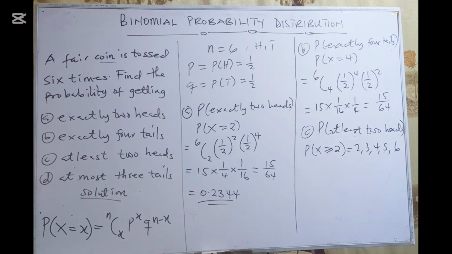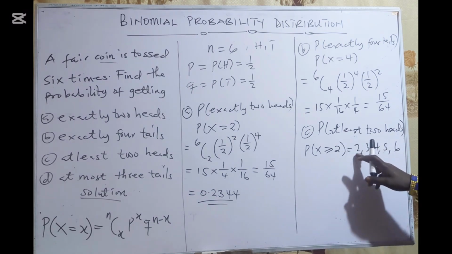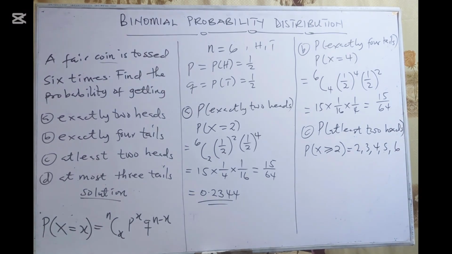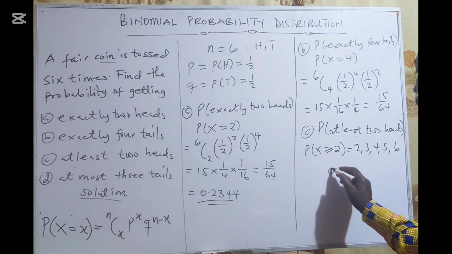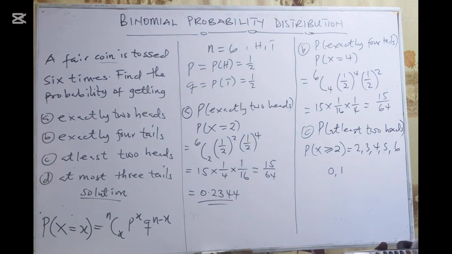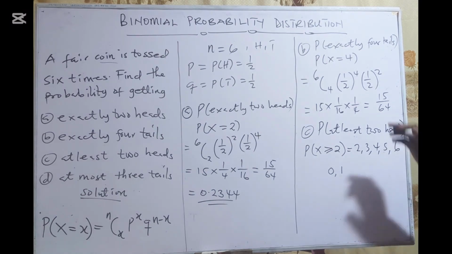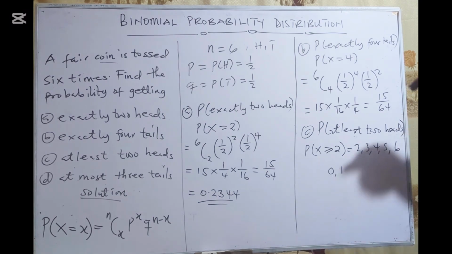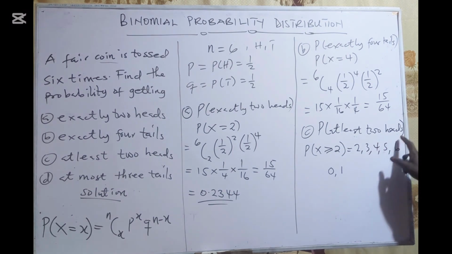All right. So you see that the coin was tossed 6 times. If you are supposed to find 2, 3, 4, 5, 6, it will be so long for us. So what we can do is that we can find the other way around. There could be no head, and then head also appear once. So in all the possible outcomes, we can have no head, or only 1 head, or 2 heads, 3 heads, 4 heads, 5 heads, and 6 heads.